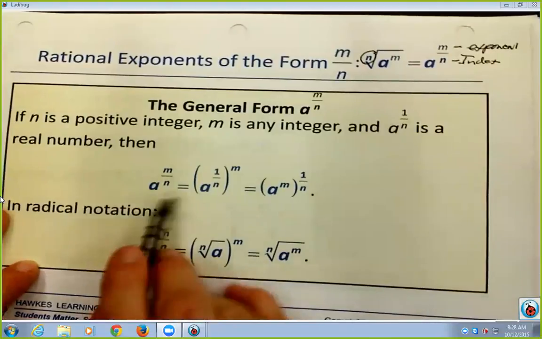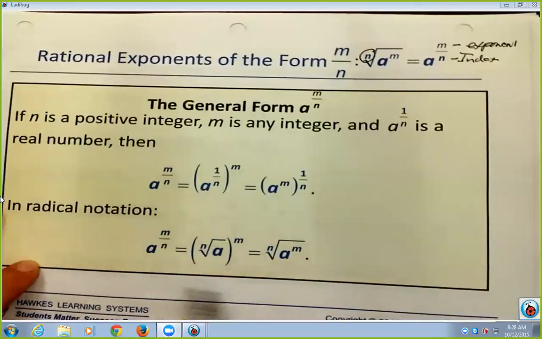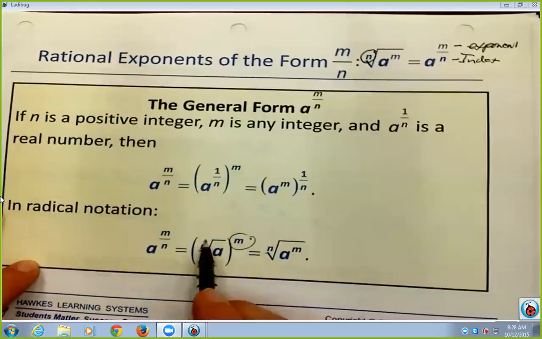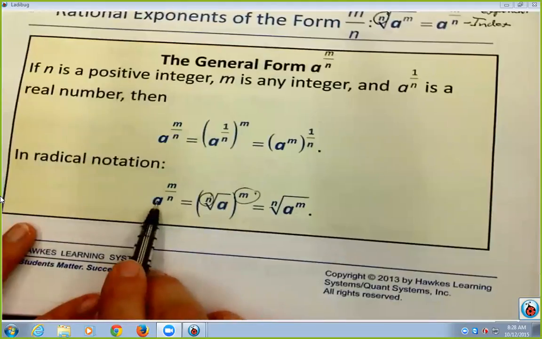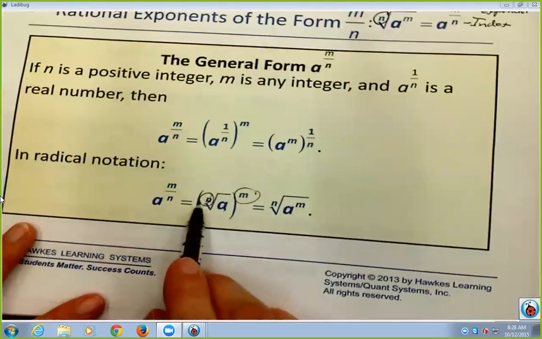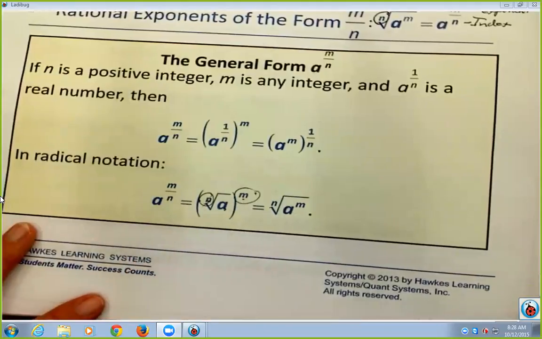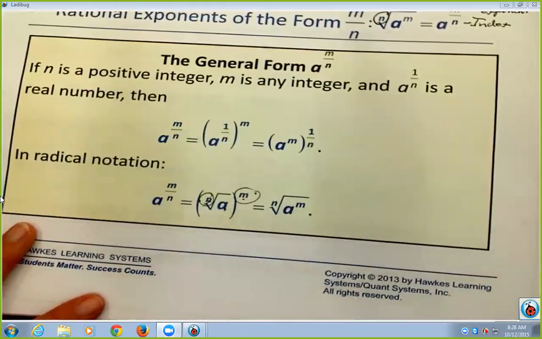And so we end up coming up with these type of a situation. And if you always remember that m is the exponent, n is the index, you should be good. All of these, this whole piece, a underneath the radical, n is your index, m that's the top or the numerator is going to be your exponent that's on this, then you'll have your pieces together. It can look either way.